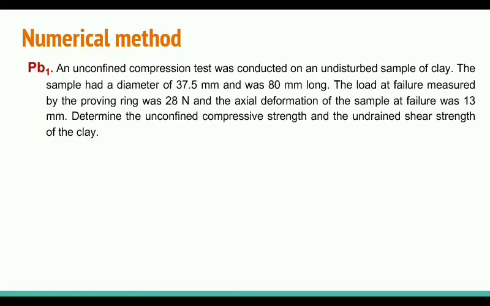Let's discuss the numerical. The first numerical: an unconfined compression test was conducted on an undisturbed sample of clay. The sample had a diameter of 37.5 mm and was 80 mm long, so the sample dimensions are given. The load at failure measured by the proving ring was 28 Newton, and the axial deformation of the sample at failure was 13 mm.